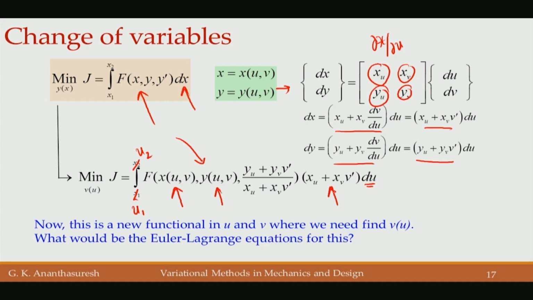Now, that becomes xu plus xv times v prime, and here we do the same thing. So, we have dx and dy. If this is dx, that is what is here, this is dy. Okay. And that is how the integrand is going to look.